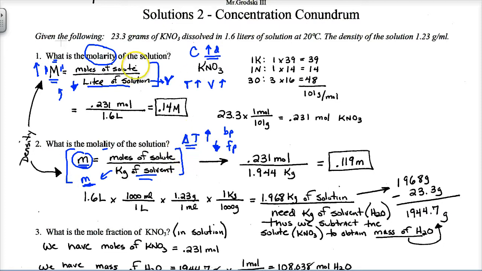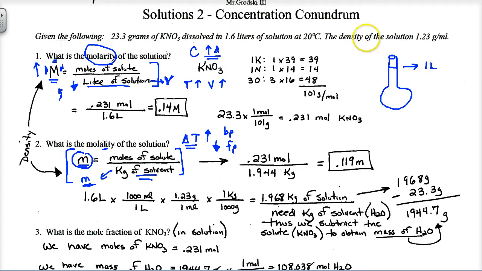Now these are two basic ways we make solutions. A molar solution is made using something called a volumetric flask. It's a long flask with a known volume, and it has a mark. It's very expensive. That mark, let's say, could be a 1 liter mark.